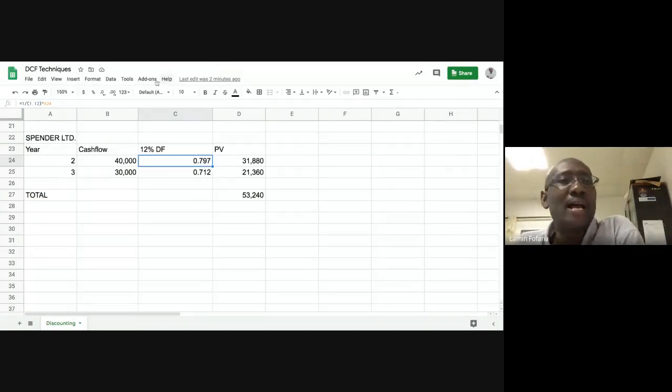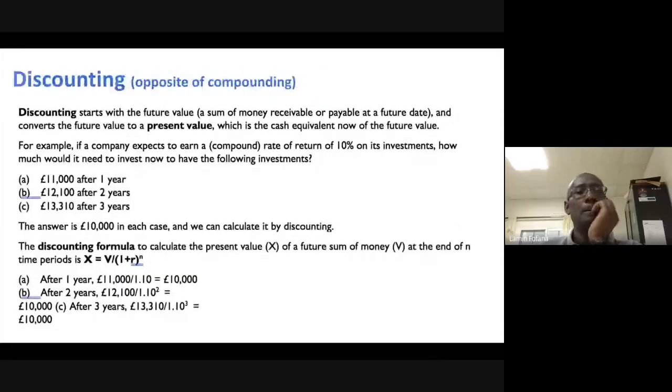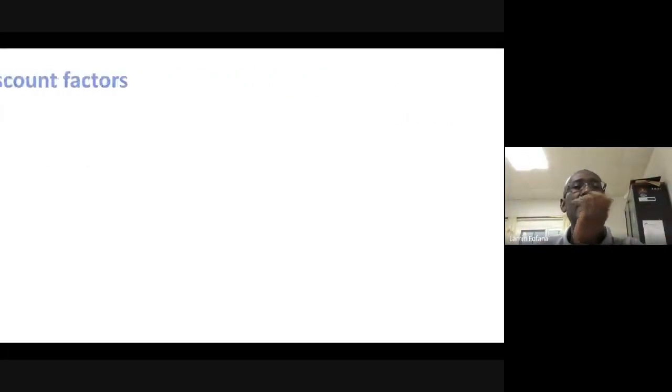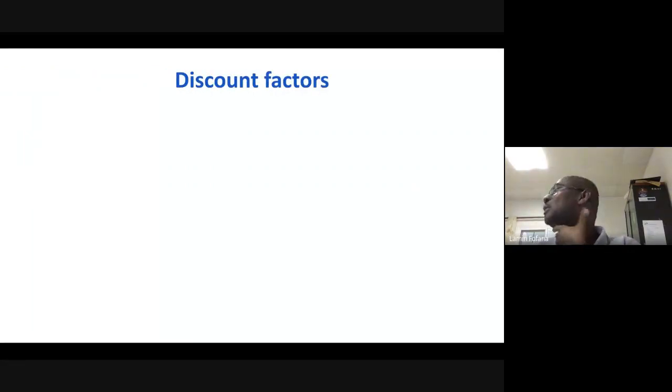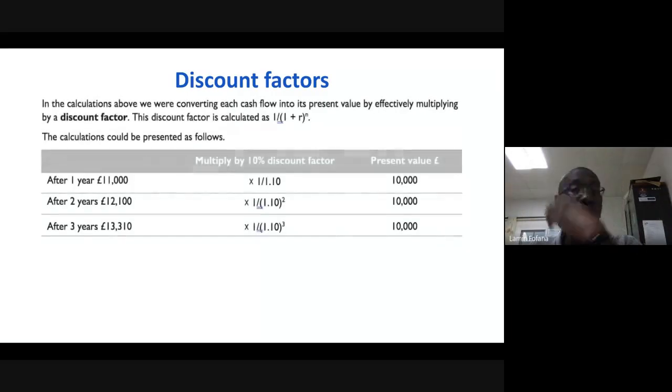Okay, so let's go back to our slides. Right. So I guess we know what compounding is, and we know what discounting is, and of course we know what discount factors are. In fact, I went to the extent of telling you how to arrive at the discount factor.